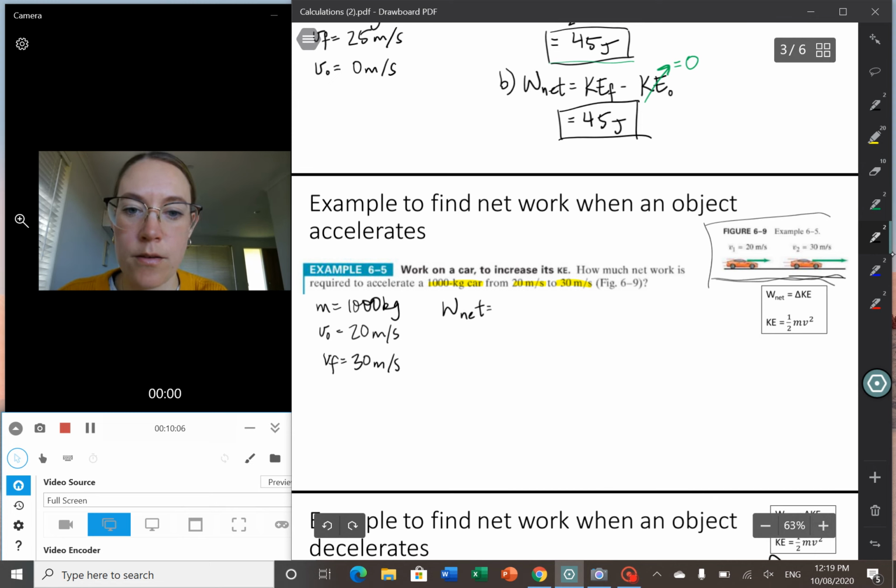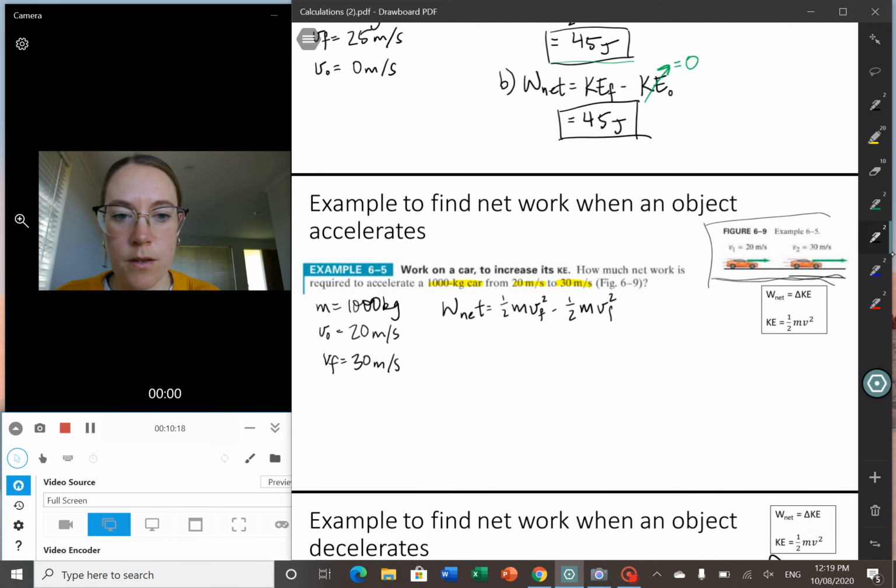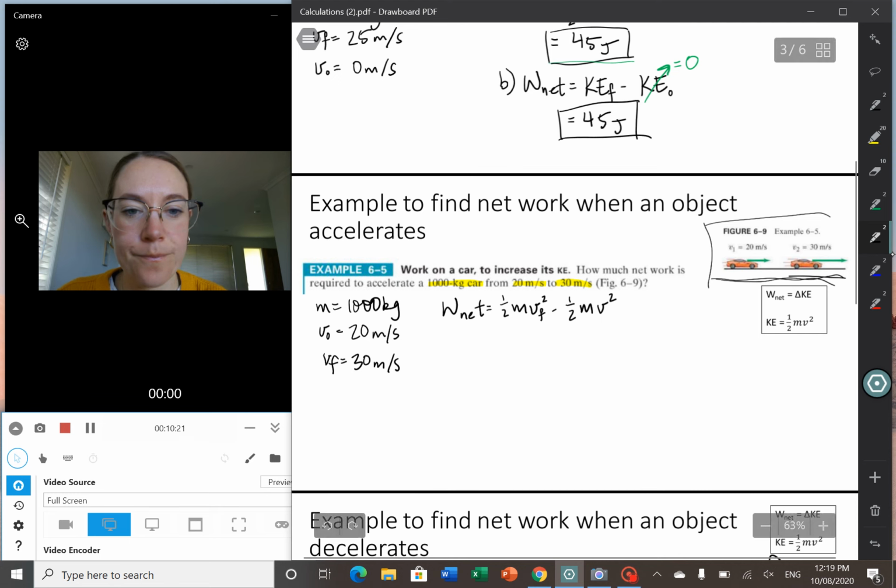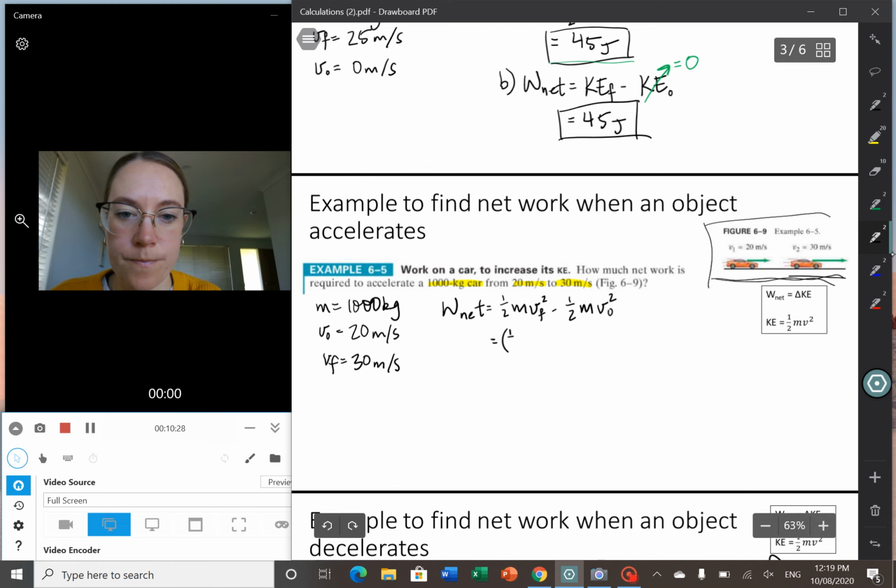And the formula I want is for net work. So I can just plug these values straight into the formula.